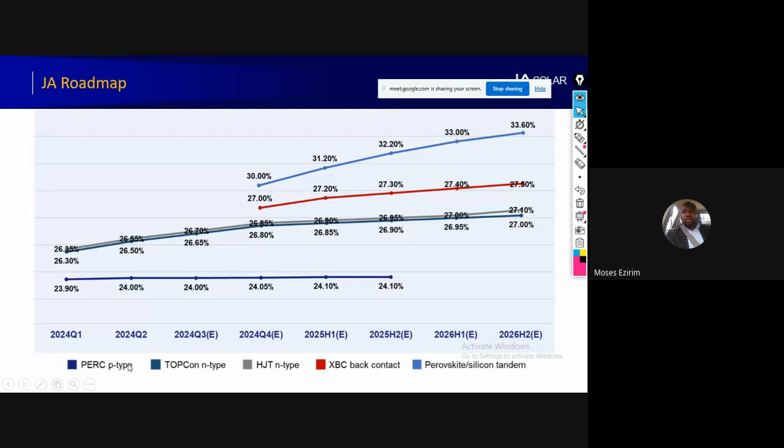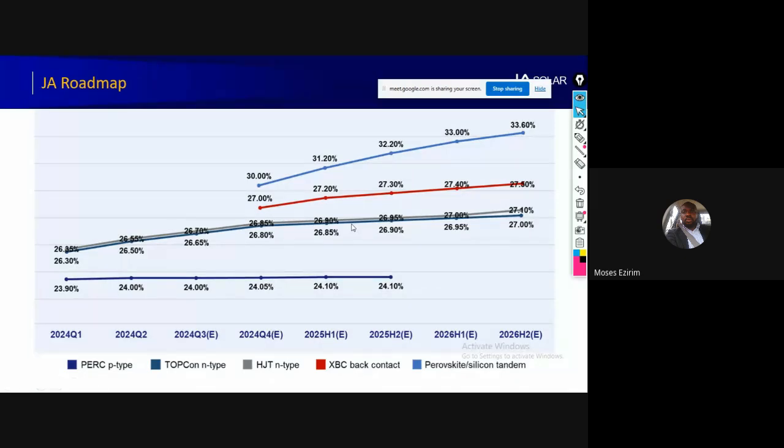Now, all this technology has to do with efficiency. Underneath here, you can see this is a P-type. For P-type in 2025 Q1, the efficiency is 24.10. We are achieving the same efficiency in the second quarter, and as a result, we've discontinued the P-type. Due to efficiency, we've moved to TOPCon, which is what we have in the market.